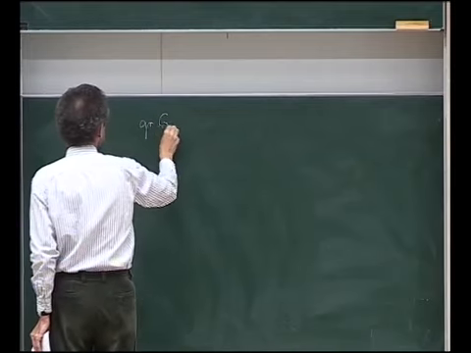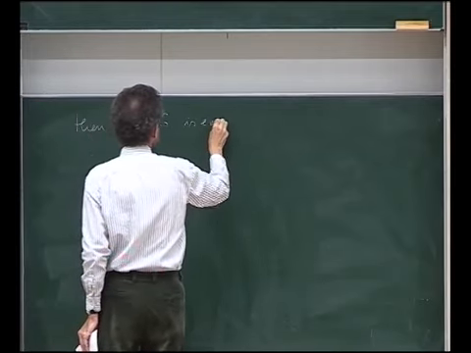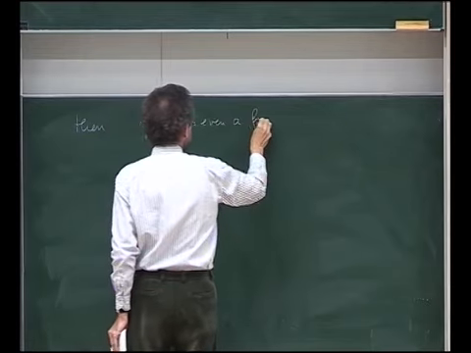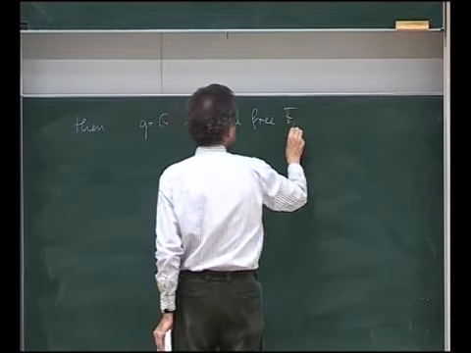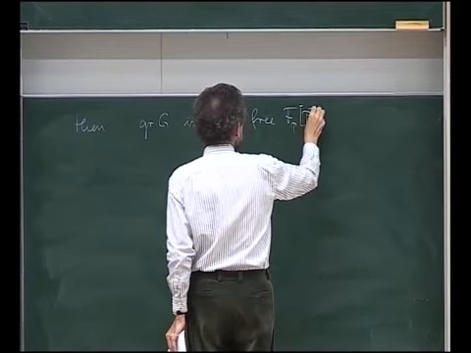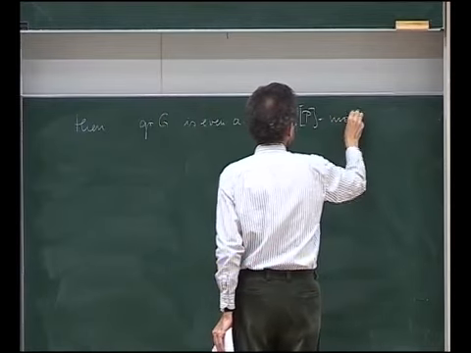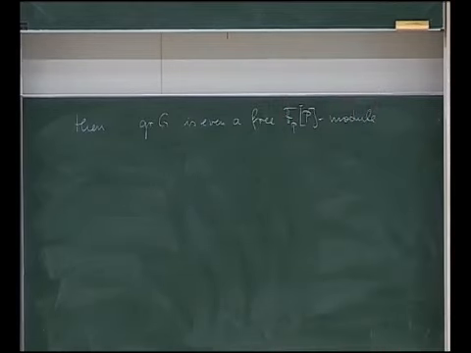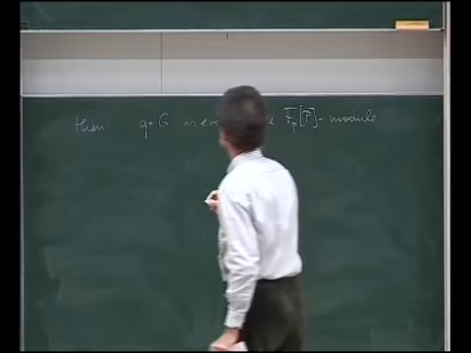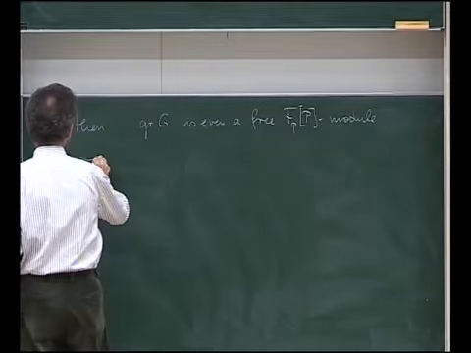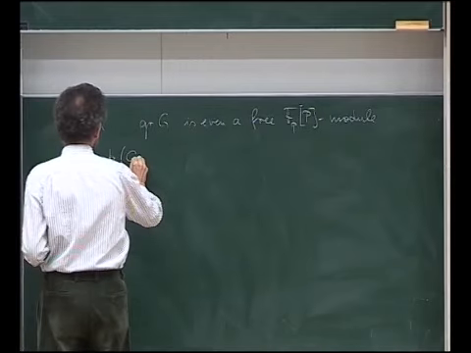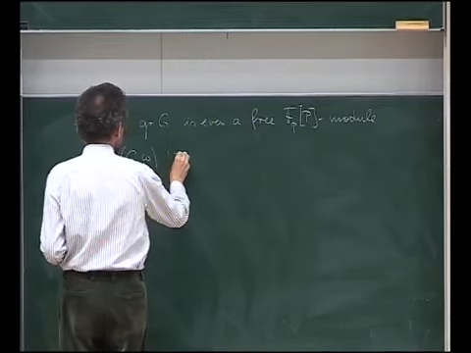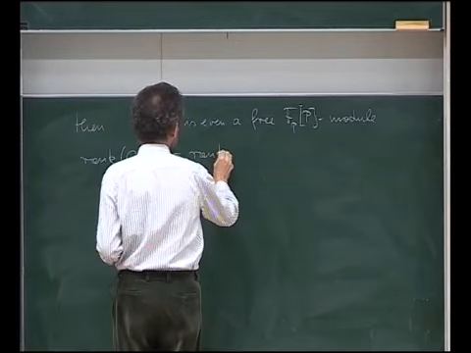And then, of course, gr G is even a free F_p[P] module: finitely generated torsion-free over this principal ideal domain is free, and so I can define the rank.